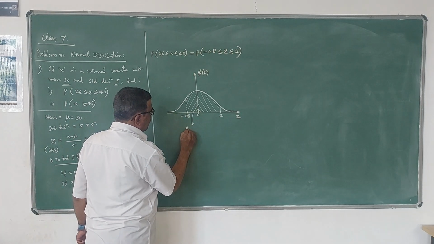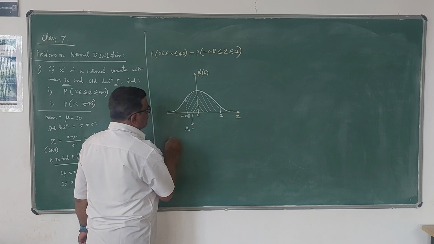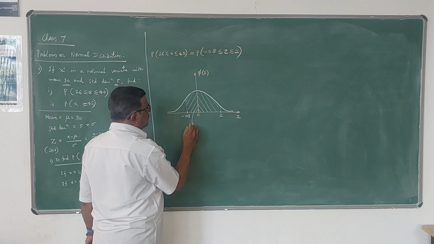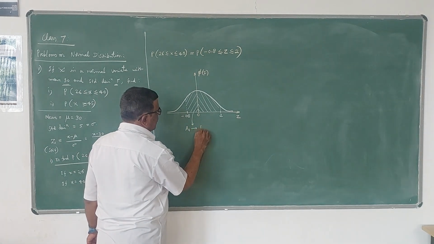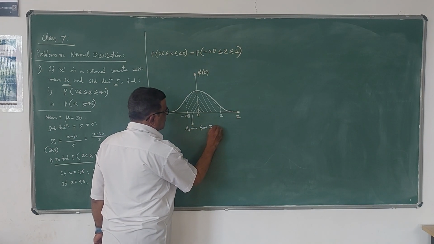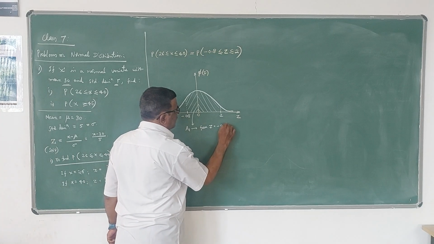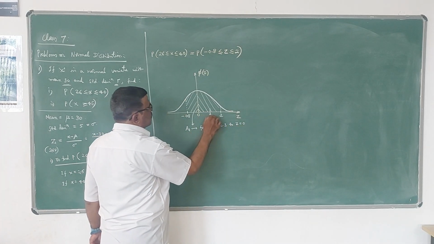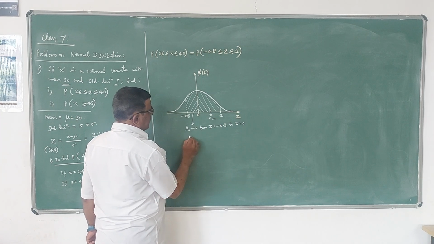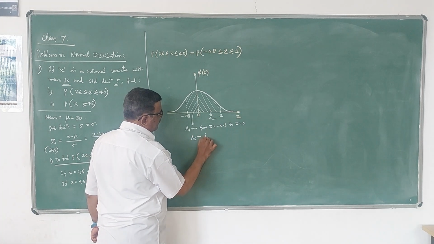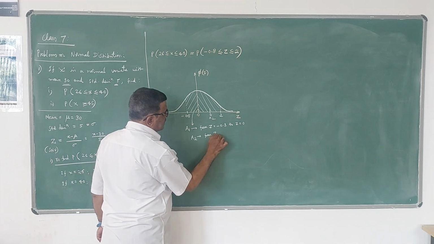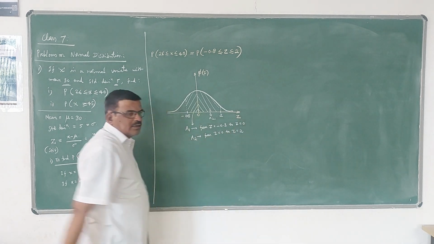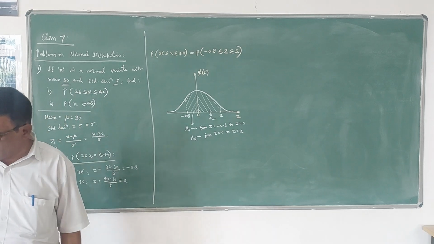If this is area 1, it is from z equal to minus 0.8 to z equal to 0. Area 2 will be from z equal to 0 to 2. We have to add these two areas.